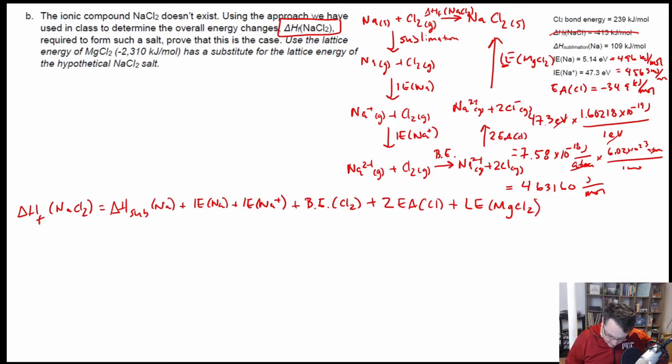And so now we just take the values that we have and plug them in, and we just add it all up.